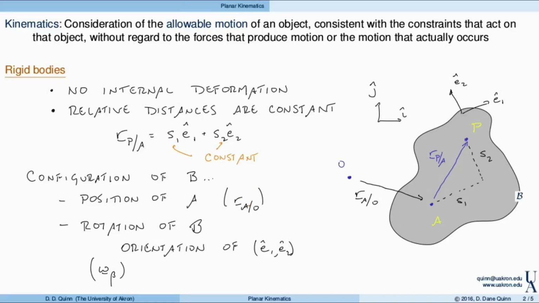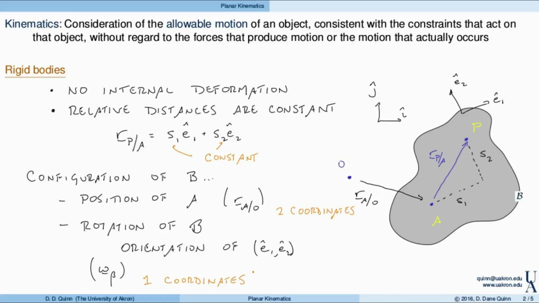So now if I look, this is going to have two coordinates. And then the angular velocity will be one coordinate. Of course, this is for planar dynamics. So these are objects that only move in the plane.